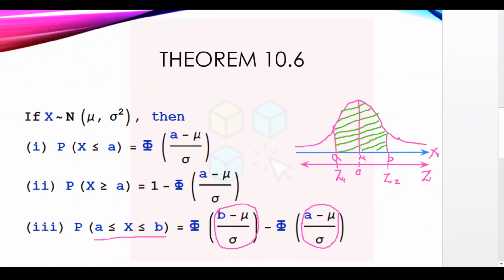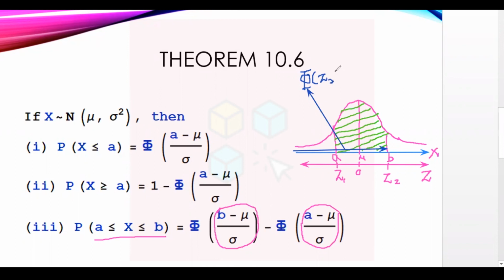If I am taking that the area is this one at the point B. If I look the table at phi of z2, this area is actually phi of z2, capital Phi of z2, which is not required actually.